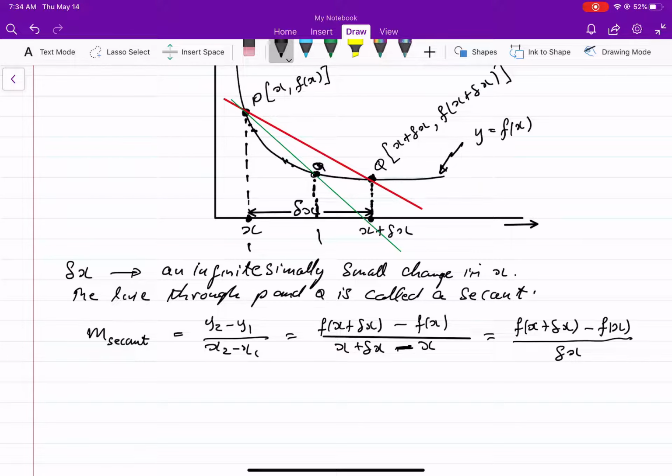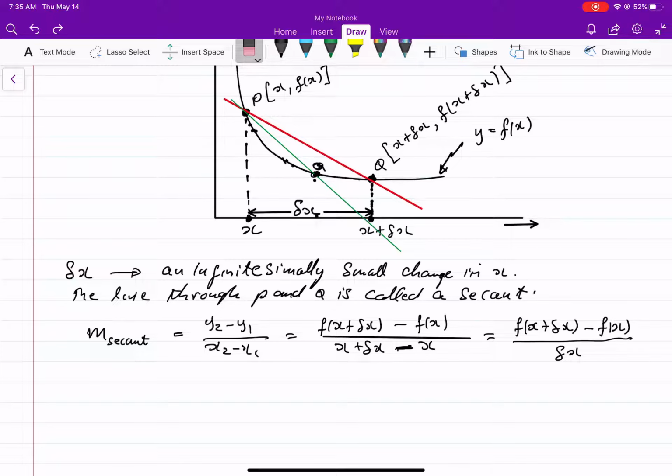I'm going to draw one more secant. I'm going to put Q a little further along the curve. You can clearly see delta X is getting smaller and smaller. Yes, as Q is moving towards P, delta X is getting smaller and smaller.